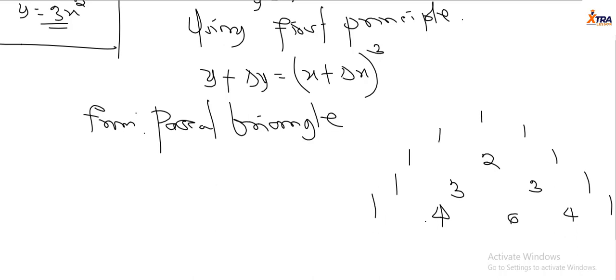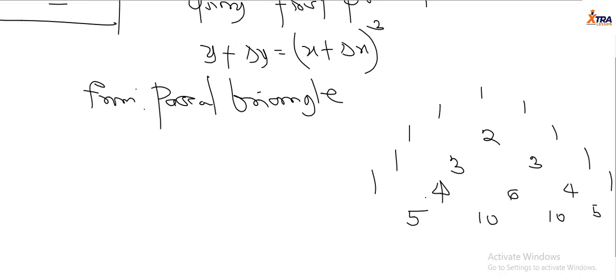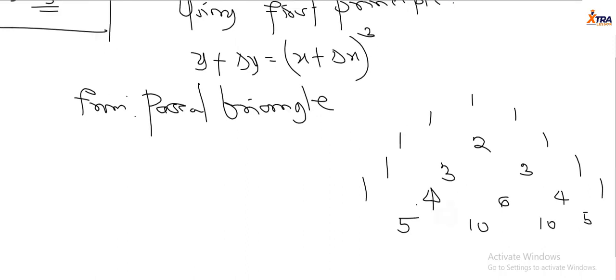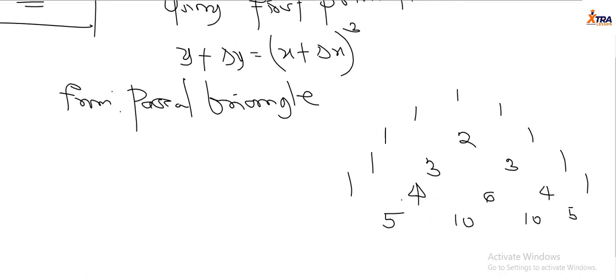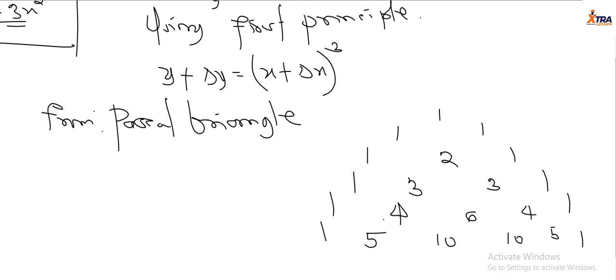So I should continue this now. I have 5, 10, 10, 5. Now we have 1. So these numbers are the coefficients of the letters. Unlike the first one that we did, where we expanded and got the coefficients to be 1, 2, 1.